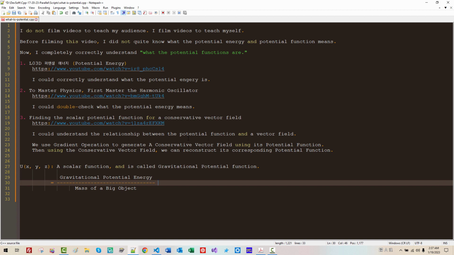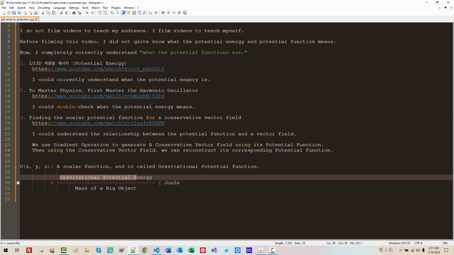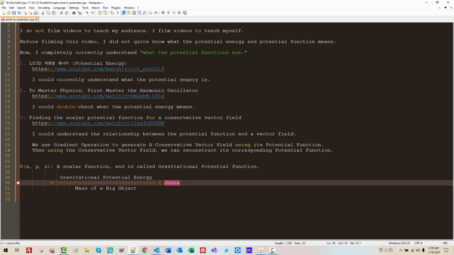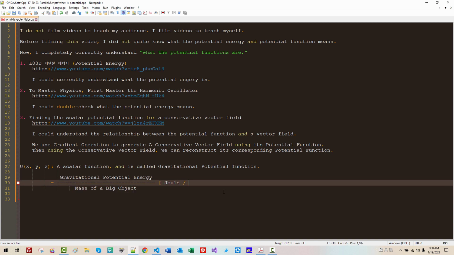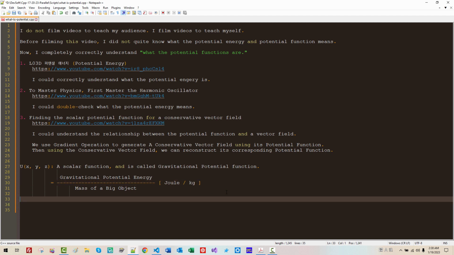So its unit should be Joule for gravitational potential energy. Its unit is Joule over the mass of a big object, whose unit is kilogram.